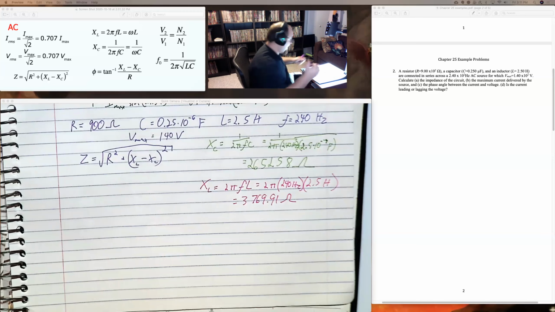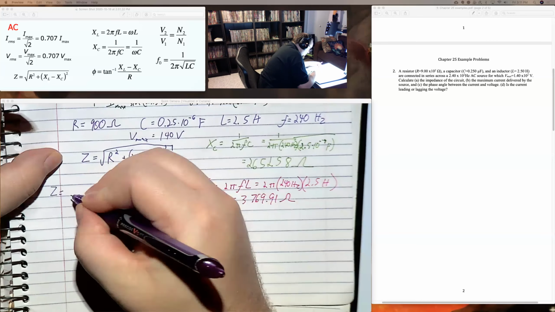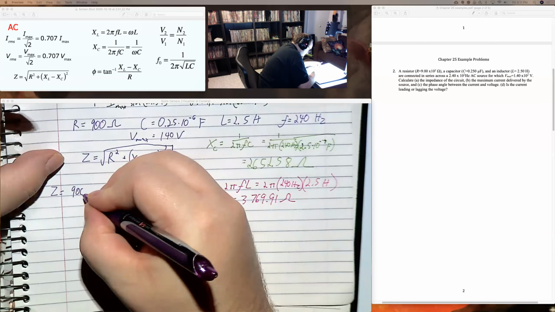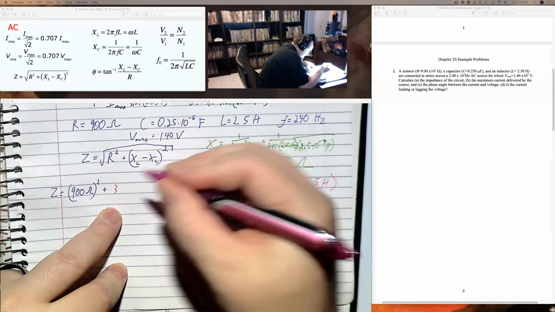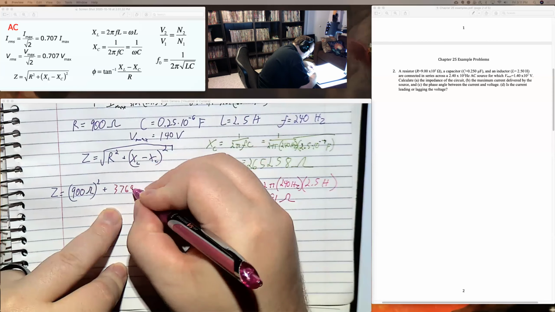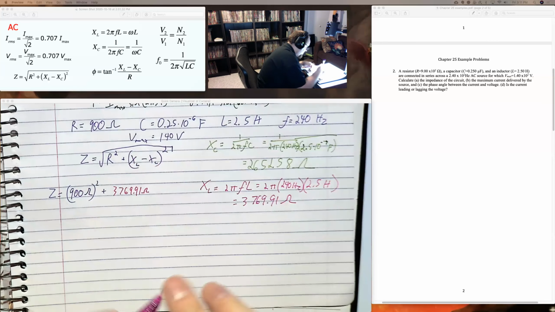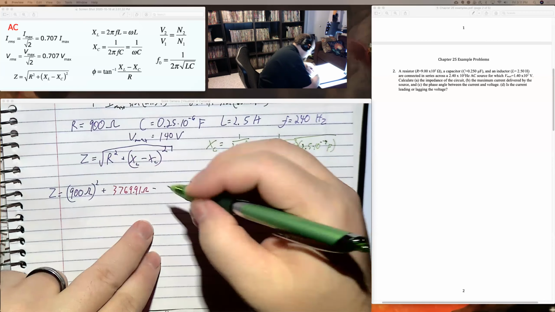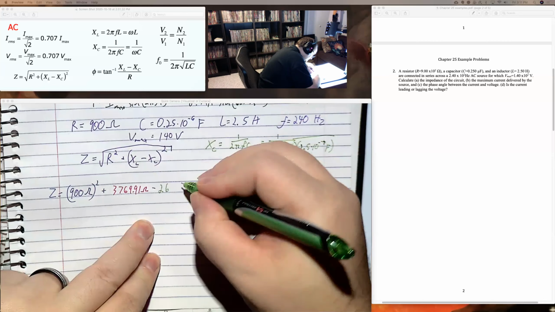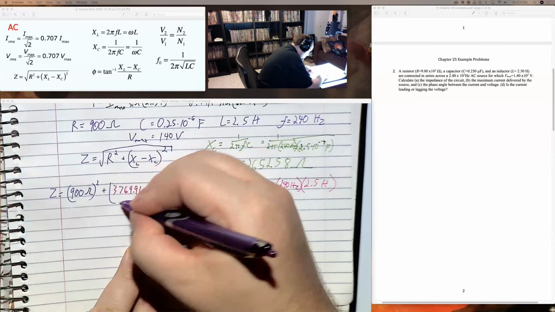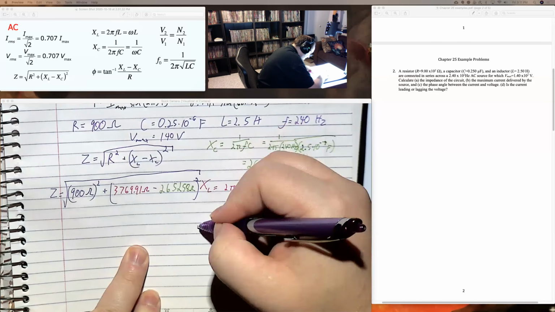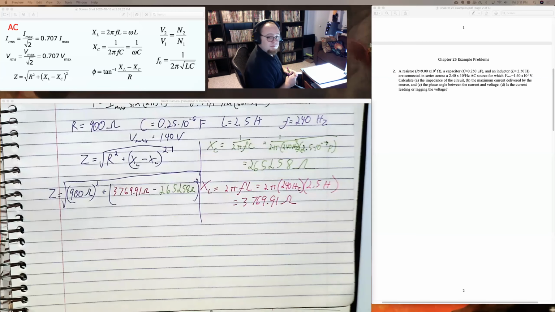And now that I have those, I can put them into my impedance equation. My impedance is the square root of 900 ohms squared plus my XL, 3769.91 ohms, minus my XC, 2652.58 ohms, with these squared, and the square root of all of that.